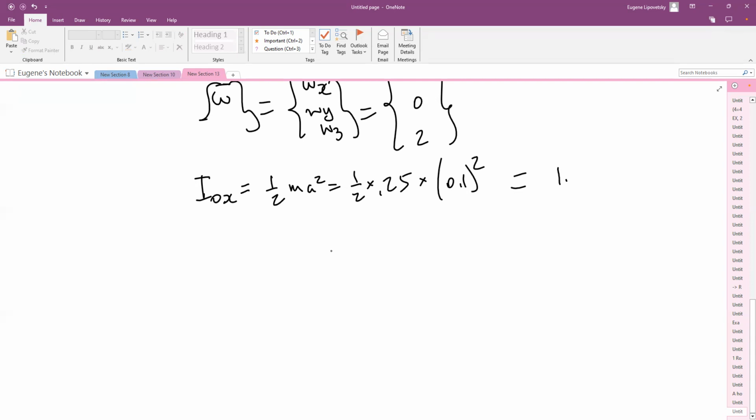It's going to be 1.25 times 10 to the minus 3 kilogram meter squared. Okay. I of y, we don't need the y, we just need the z.